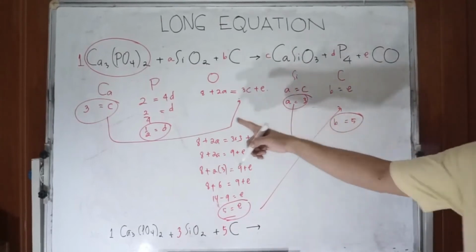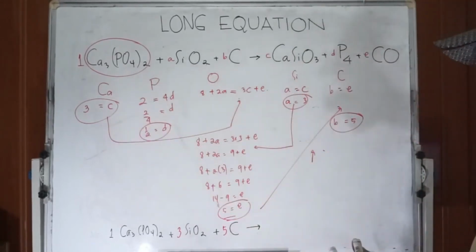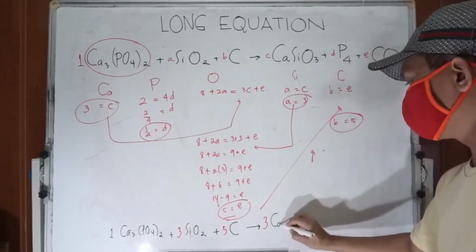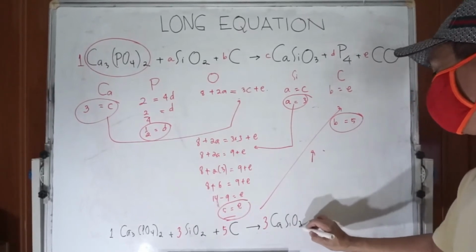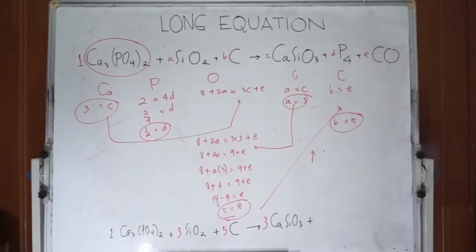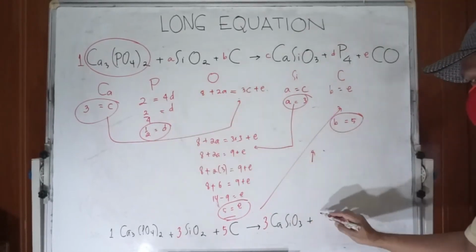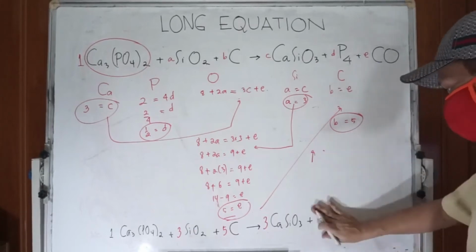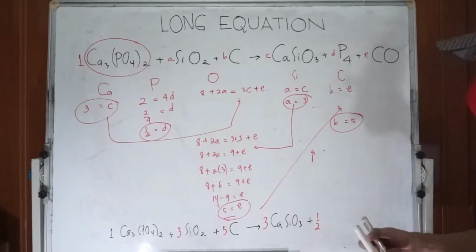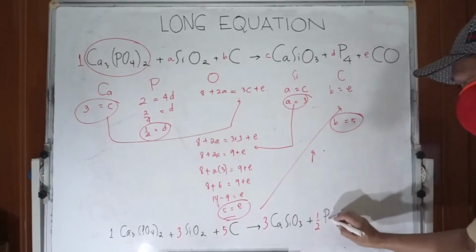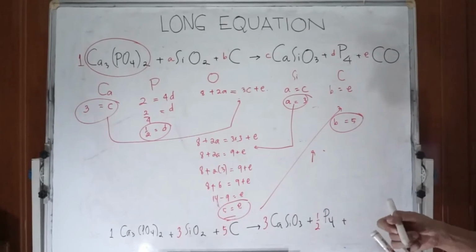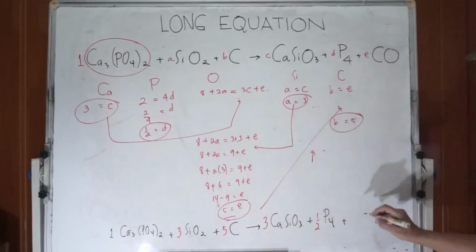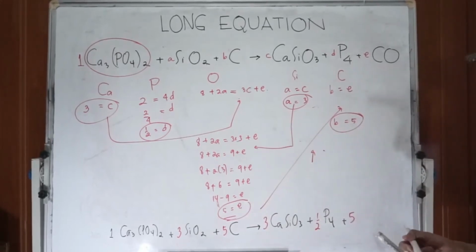C is 3. 3 calcium silicon O3. How many D? D is a half. D is a half. P4 plus how many E? E is 5. 5 CO.